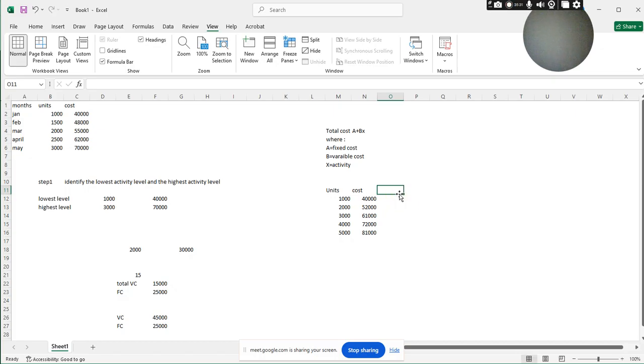So now from our formula, we have our B to be summation of x times y. So here we should have our xy. Let's put this in bracket to be x, and this in bracket to be y.